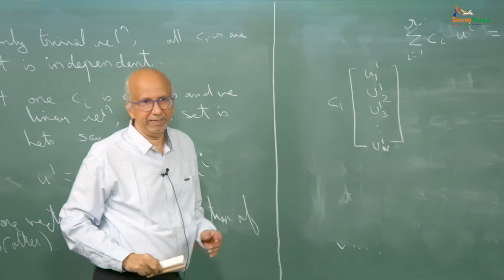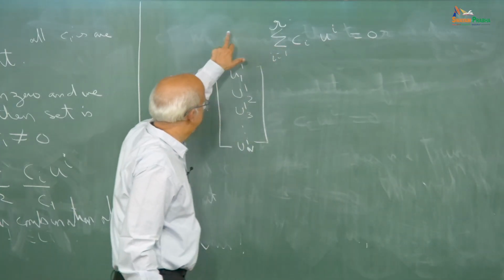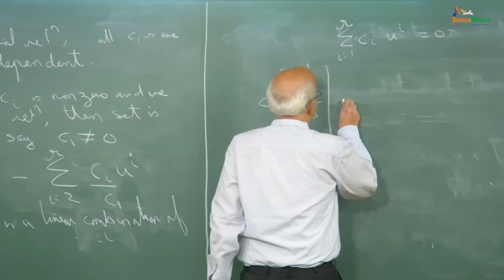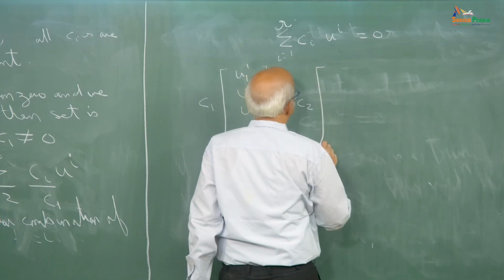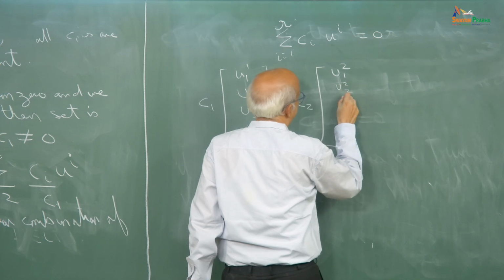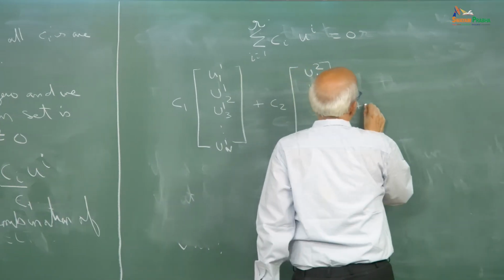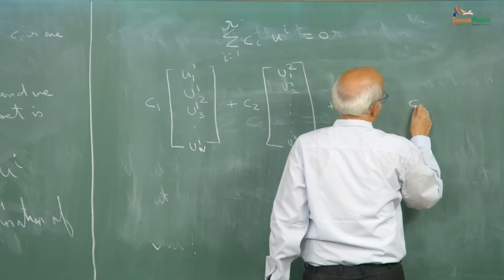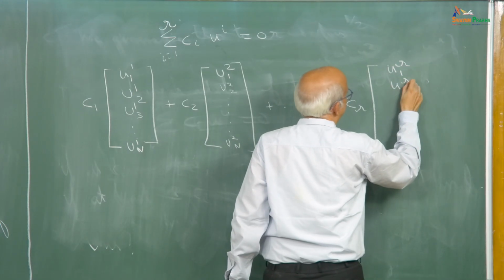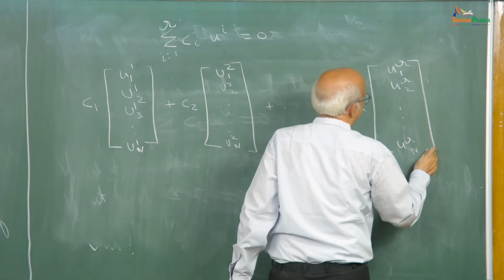All I have done is expanded my first vector u superscript 1 in terms of the coordinates. Similarly, you have to do for the others, the second vector, and the last one, CR, equals 0.